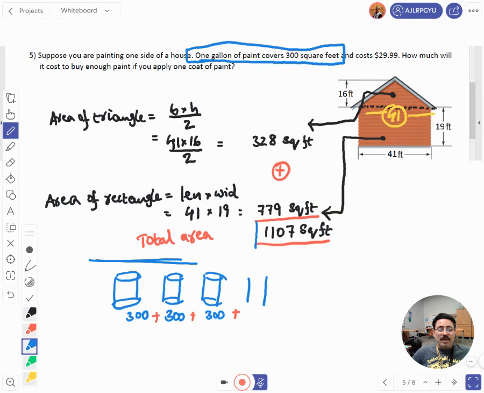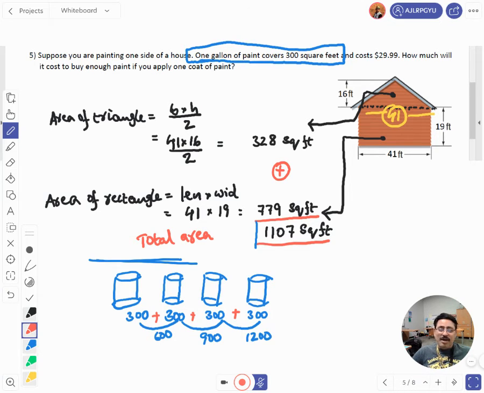If I take a fourth tin, then 300 plus 300, that gives me 600, right? Not sufficient. 600 plus 300, that makes 900. That's not sufficient to paint 1107. 900 plus 300, that is 1200.